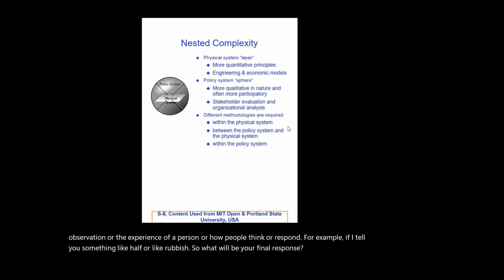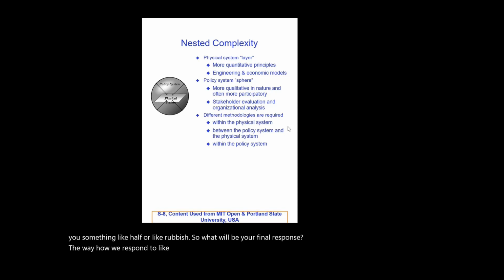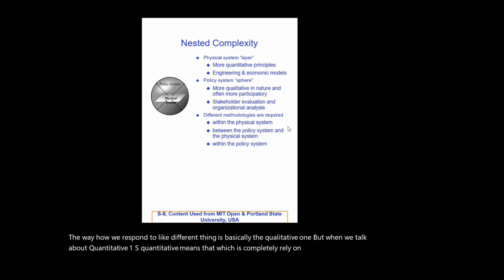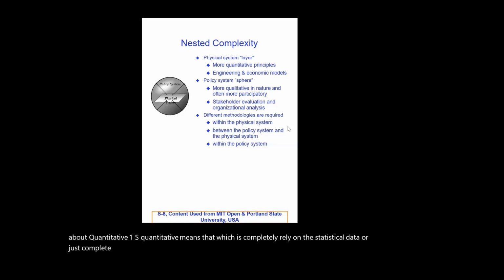The way we respond to different things is basically the qualitative one. But when we talk about quantitative, quantitative means that which completely relies on the statistical data with a complete background behind it, which could be seen in a different way, so that we can build the system which could allow or adopt the qualitative or the quantitative way.